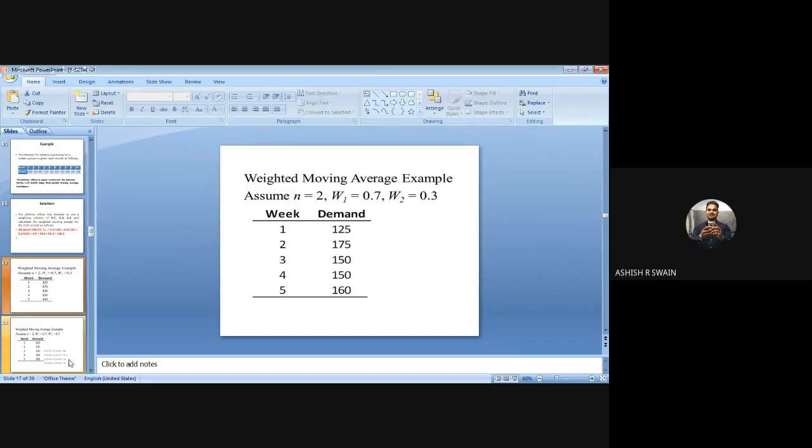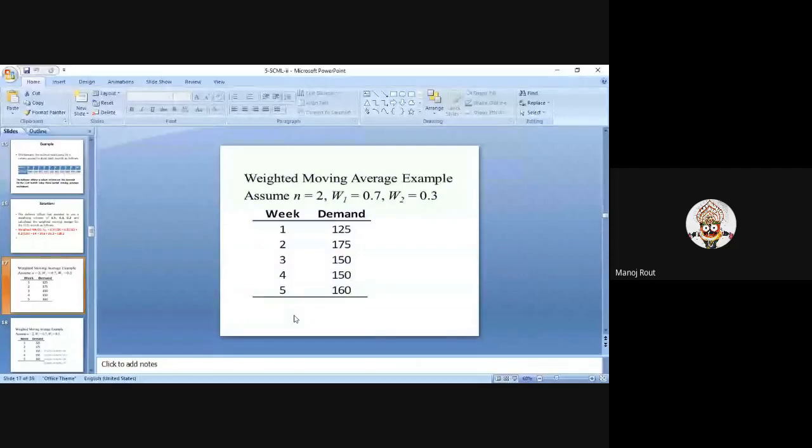Sir, why not take the latest first? Because only two periods of data are available. In the previous problem, 4 periods of data were mentioned, but in this particular numerical, you can take only 2 weeks of data. Sir, but we have to take the latest, no?